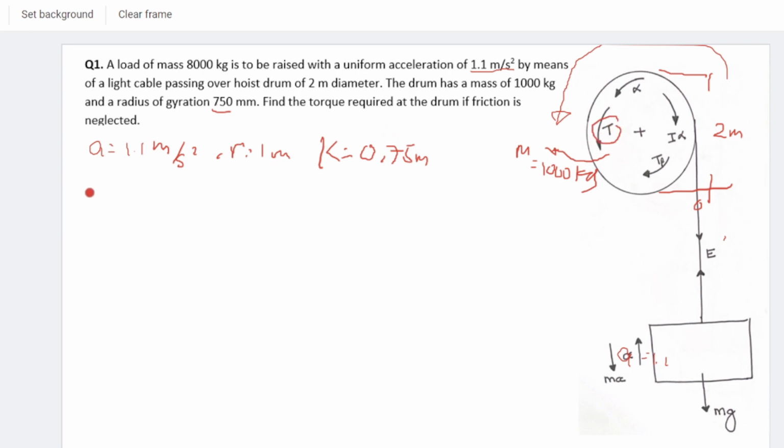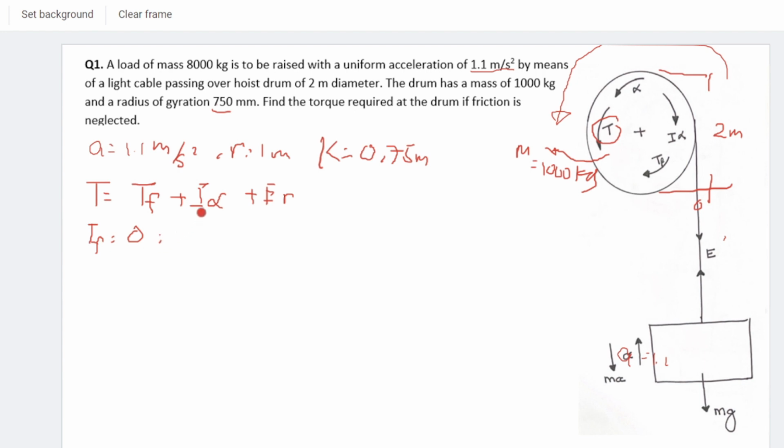By that equation we can say torque is just equal to TF, the frictional couple, plus the moment of inertia multiplied by the angular acceleration, plus this tension force multiplied by its radius. Now what is TF? The frictional couple is not given, so it's 0. It's understood to be 0 if it's not given.